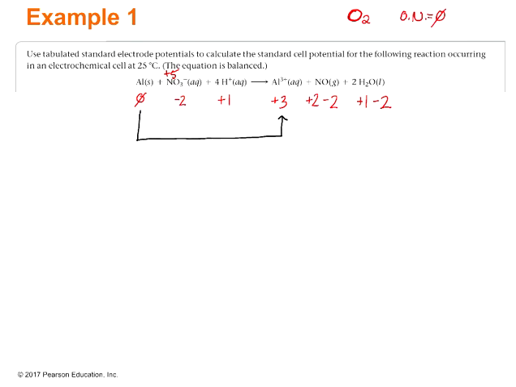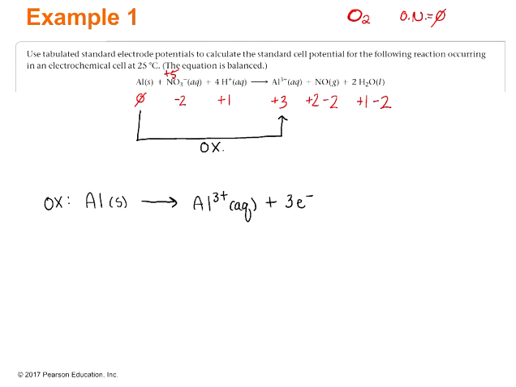So is it oxidized or reduced? It's oxidized. Okay, so let's write down our oxidation half reaction. So it's going to become aluminum 3+. And how many electrons is aluminum losing in this process? 3.